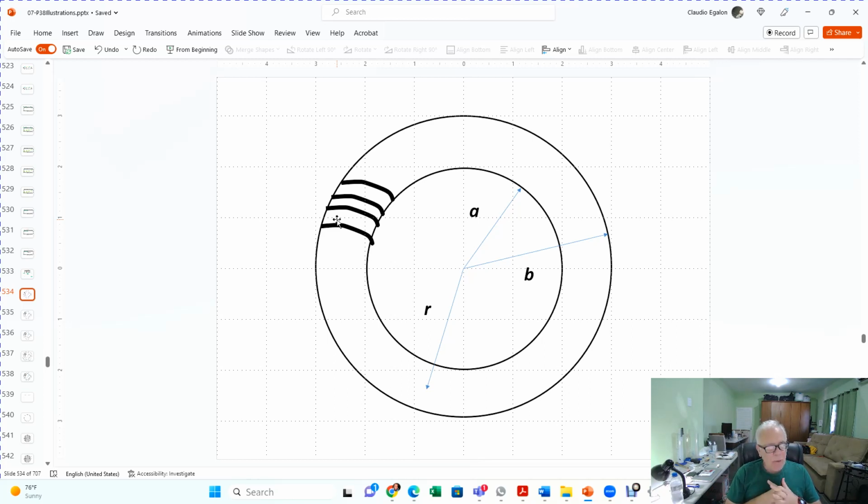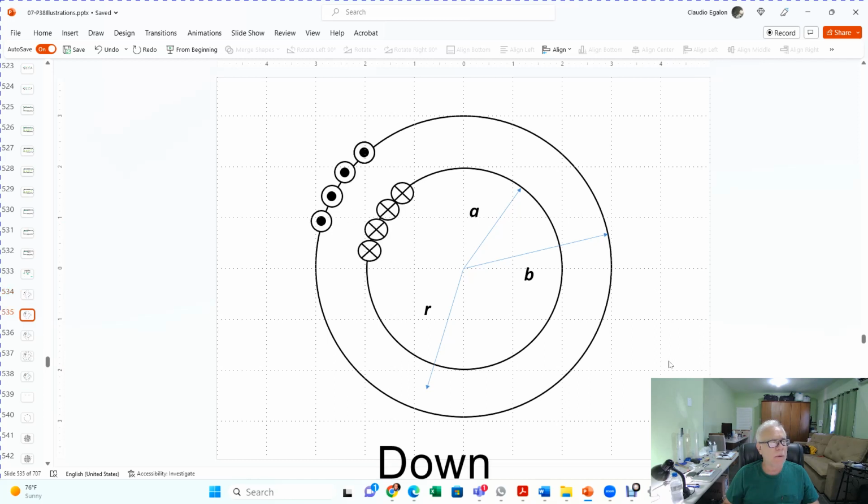And again, we are going to use Ampere's loop law. How are we going to do that? We are going to visualize those currents going into and out of the board.